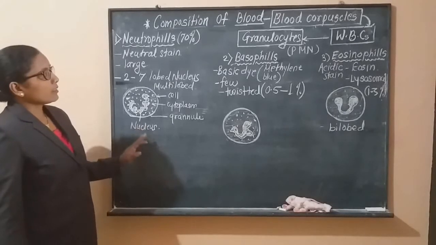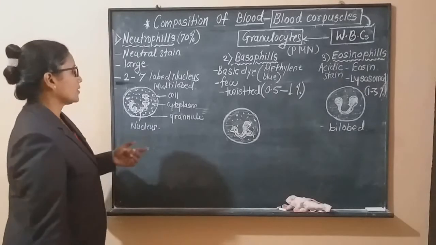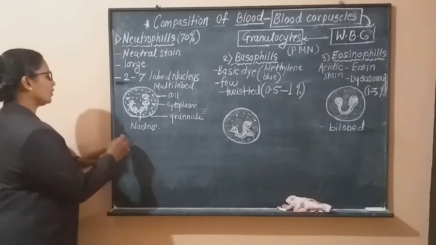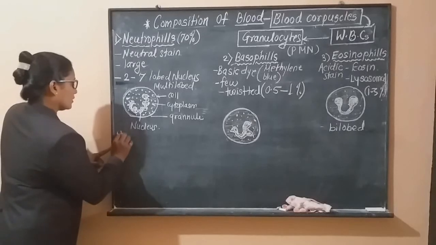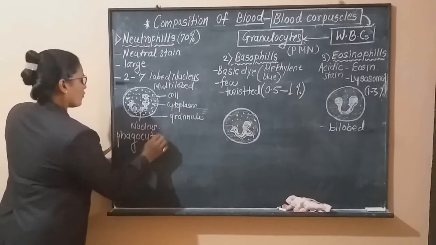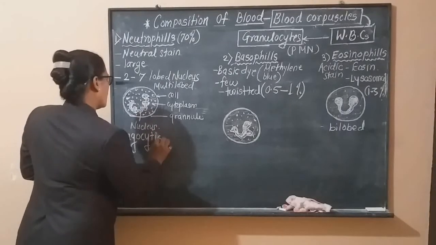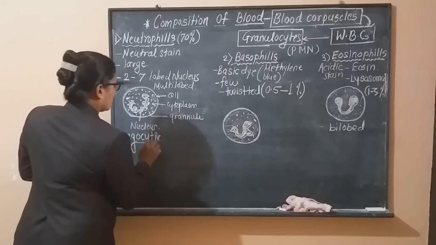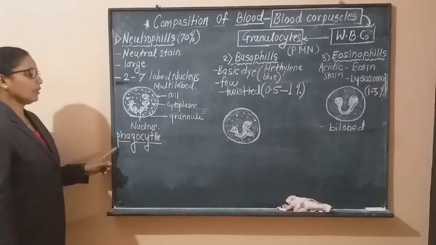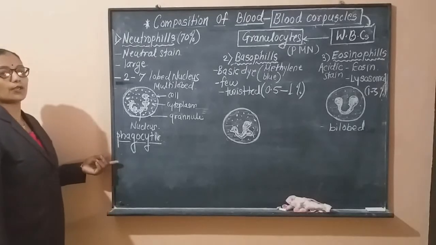Now, all these cells are involved in the defense mechanism. Specific function of the neutrophil, that is, these neutrophils are phagocytic in nature. What is its nature? These are phagocytic in nature, or they perform the process of phagocytosis.